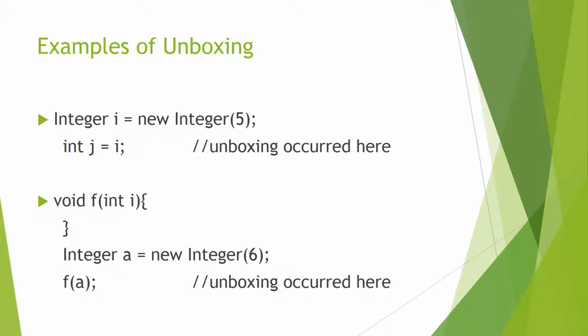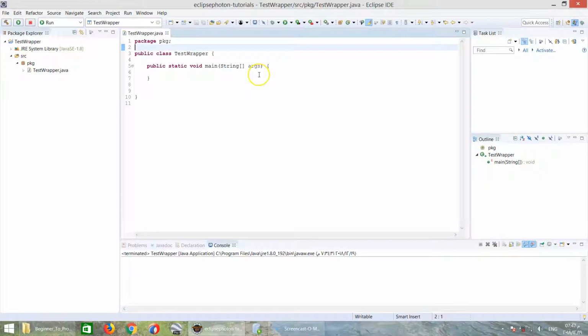Let's now perform some practical samples by ourselves. In this practical sample, we will perform some autoboxing and unboxing examples. Let's for example say wrapper integer x equals 6. As we see in this line, this is autoboxing, and as we see, it is compiling successfully.